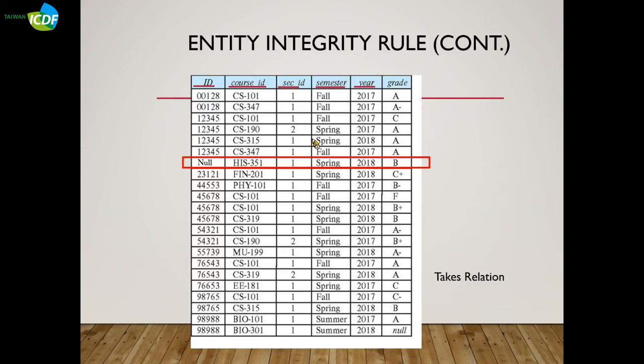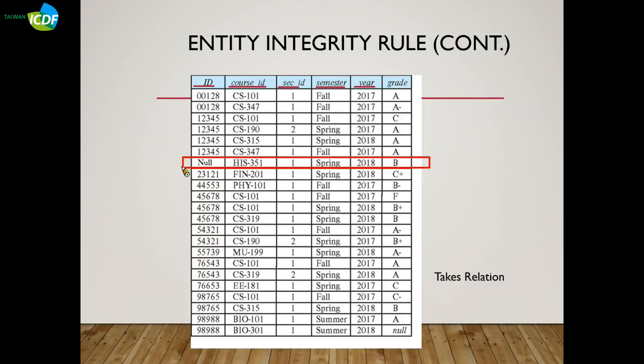And now let's take a look at another example. It's the text relation. In this table, there is a composite primary key, which is composed of ID, course ID, section ID, semester, and year.